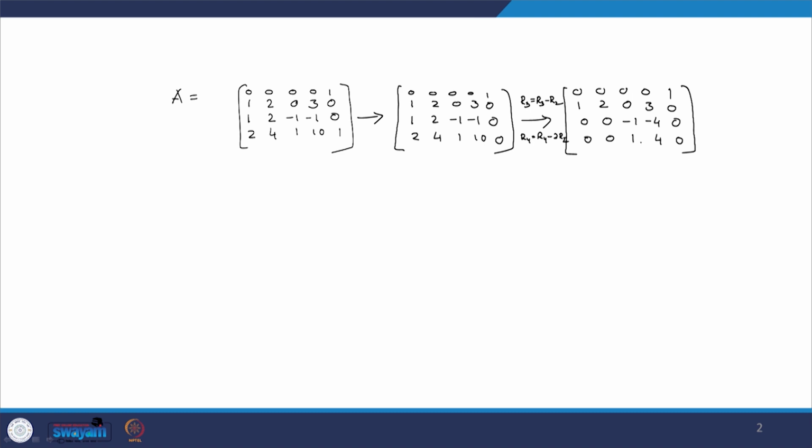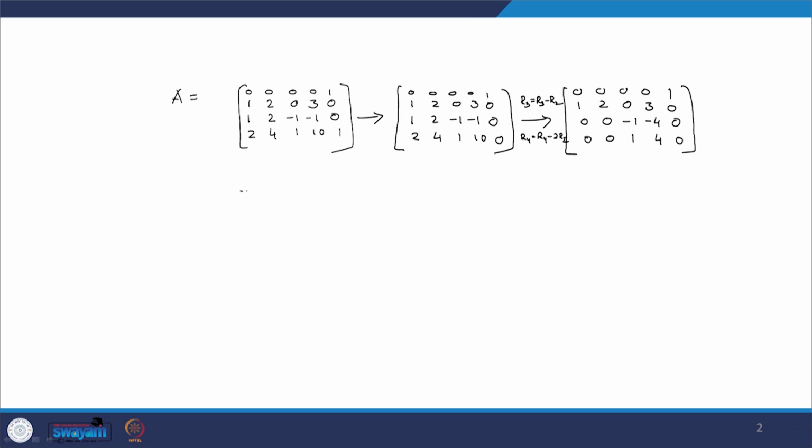Now we have a new matrix, but still it is not a row-reduced matrix. The fifth column, which contains the leading entry of the first row, has all other entries 0, that is fine. Similarly, for the second row, the leading entry appears in the first column and all other entries are 0. But the third row is also a non-zero row, and its first non-zero entry is minus 1, which appears in the third column.